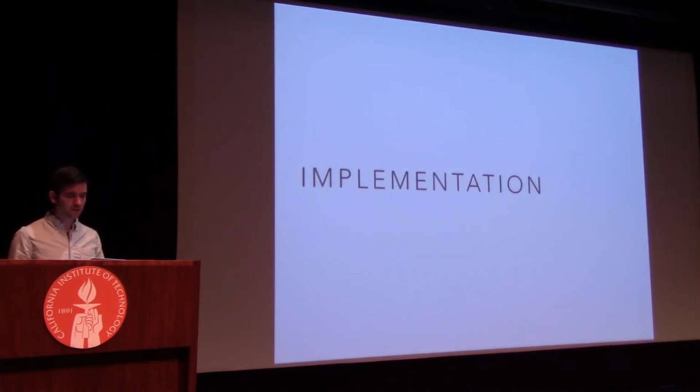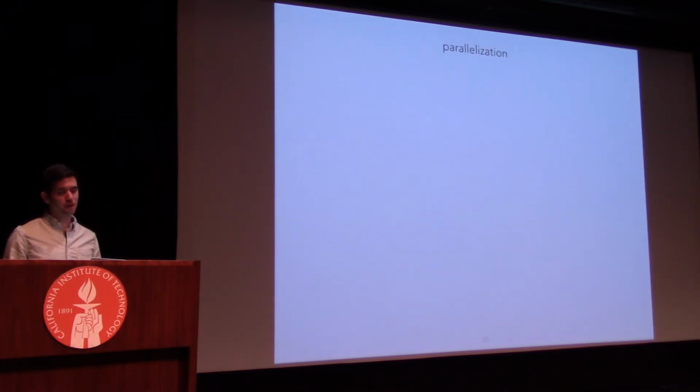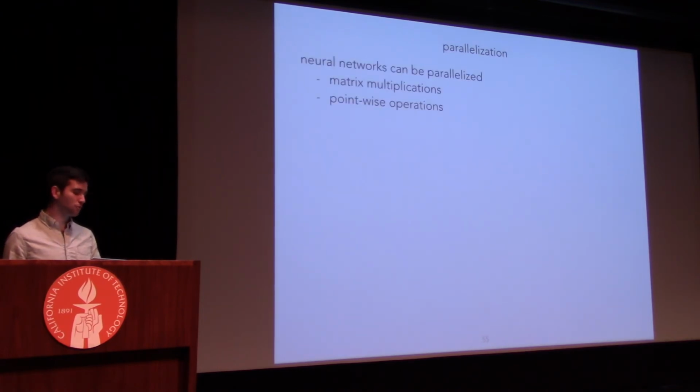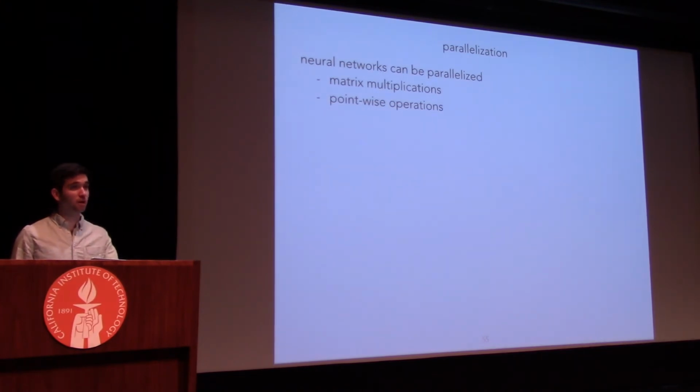So I wanted to just take a brief moment to talk about how you'd actually implement these things. I think there's going to be a recitation section tonight on Keras, which is a deep learning library. But if you wanted to actually implement one of these things on your own, how would you go about doing it? I think the main thing is that you need to take advantage of current hardware for doing parallelized processing.